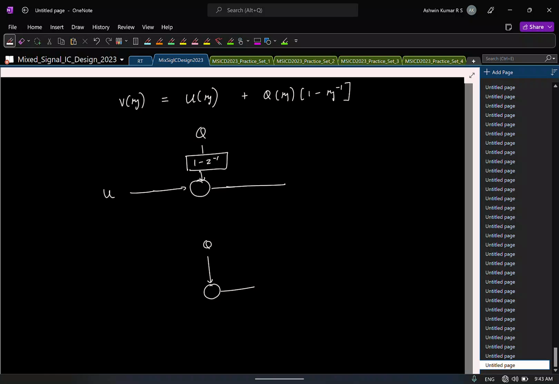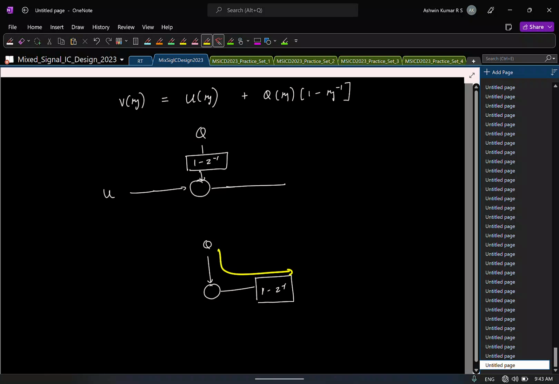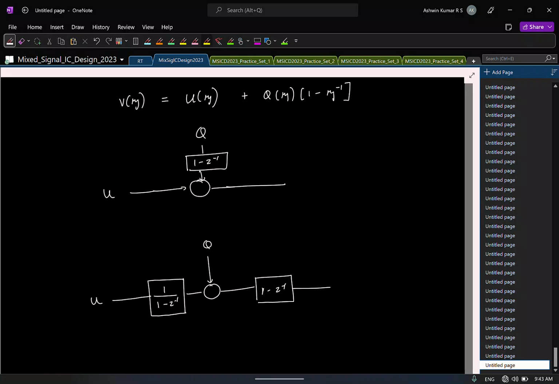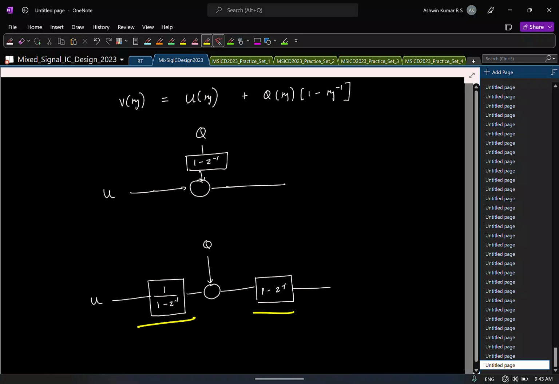U should be divided. Here it is 1 minus Z inverse, and that makes sense because now Q is multiplied by 1 minus Z inverse. Here I'll have to do 1 by 1 minus Z inverse, that's all. So the input is first divided by 1 minus Z inverse, then multiplied by 1 minus Z inverse, and we get it back.